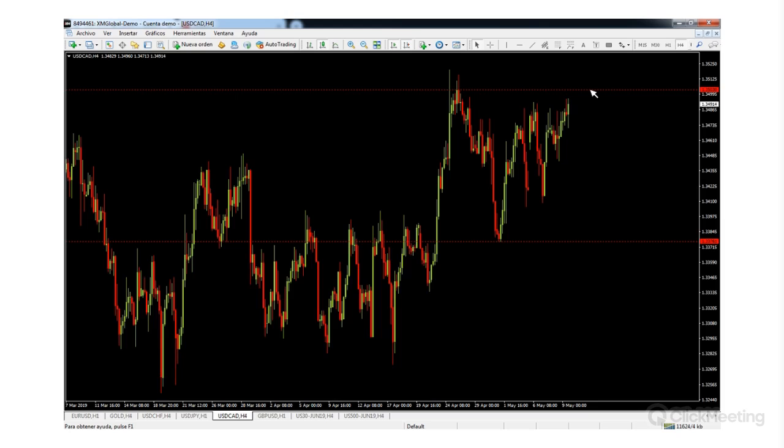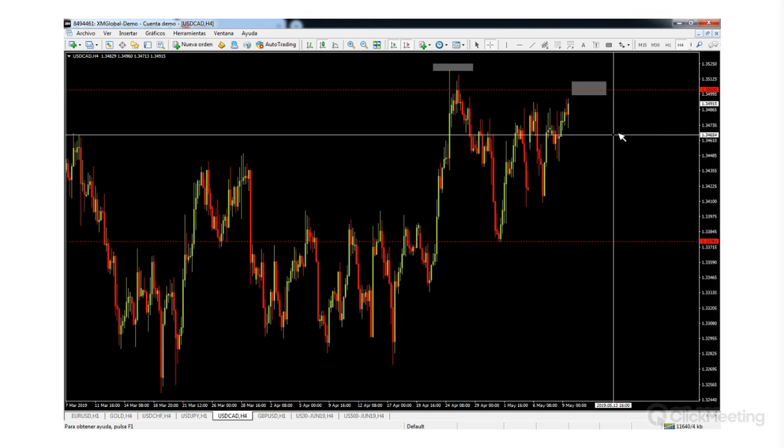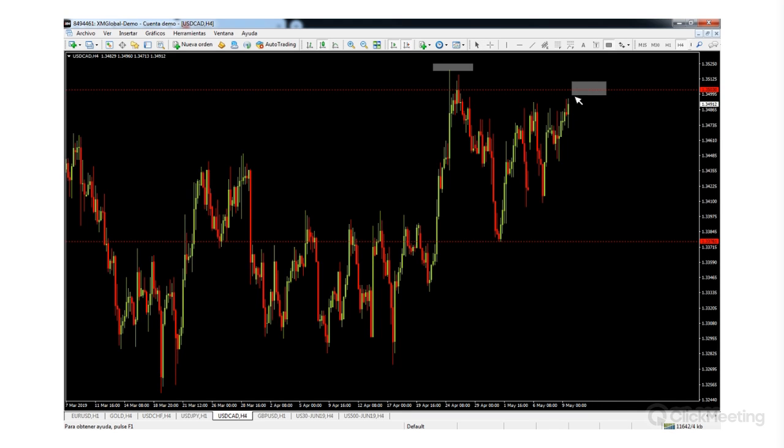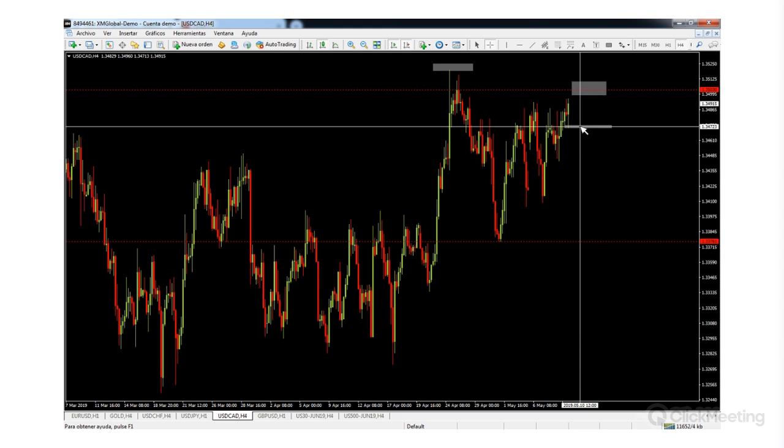Maybe if we test the 135 level again, I would be a seller here, with my stops above the previous high. But I would need at least a rejection and a break below the previous low at around the 134.72 level.